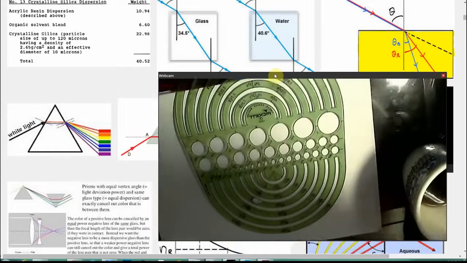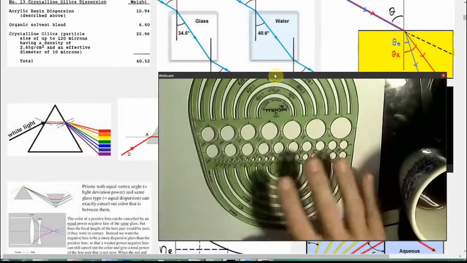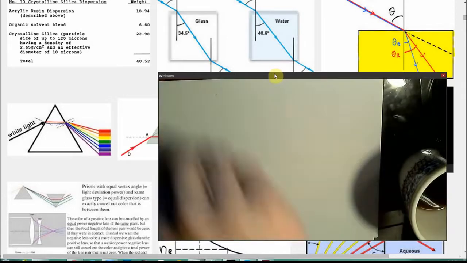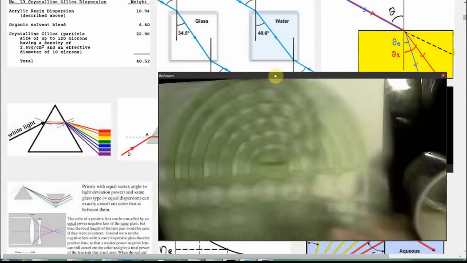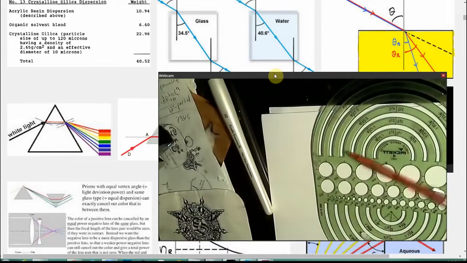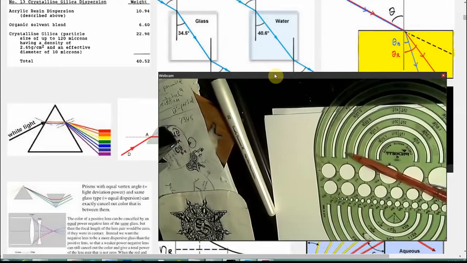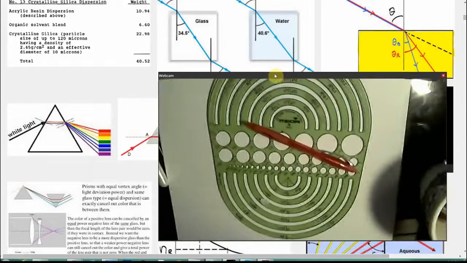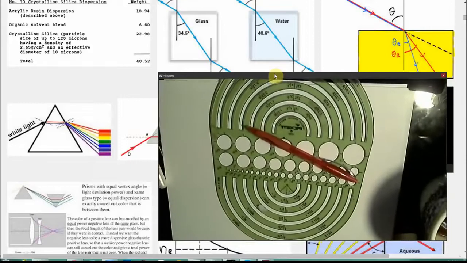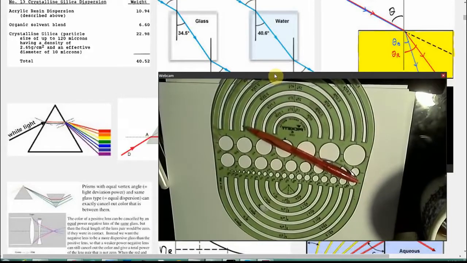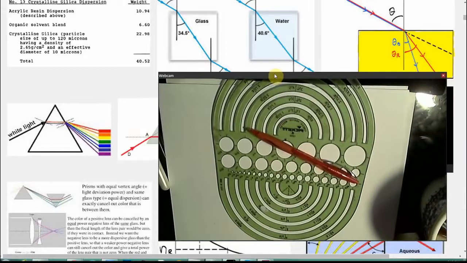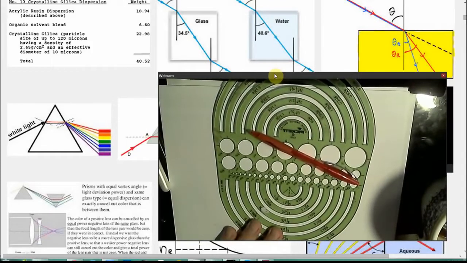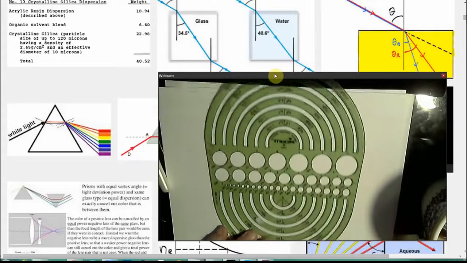Sorry about the angle. That's the best I can do with this setting. Uh-oh, get some more tape. There we go. Put the microphone over here. Okay, my trusty pencil.